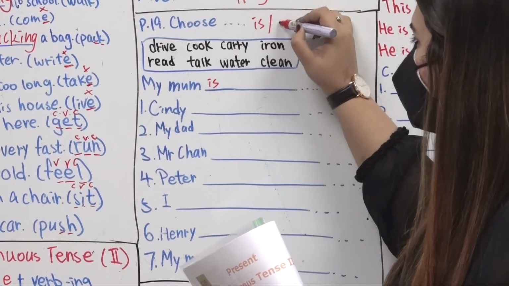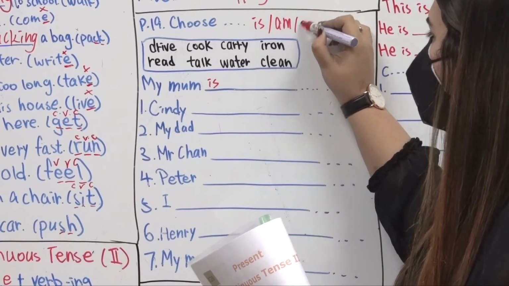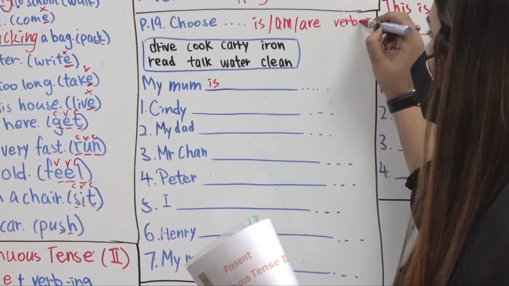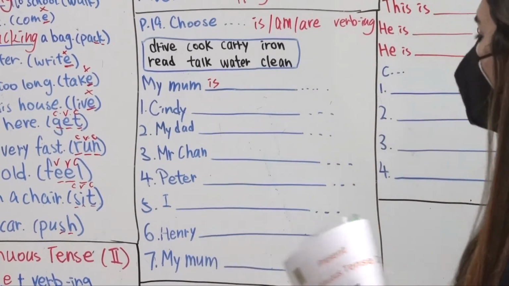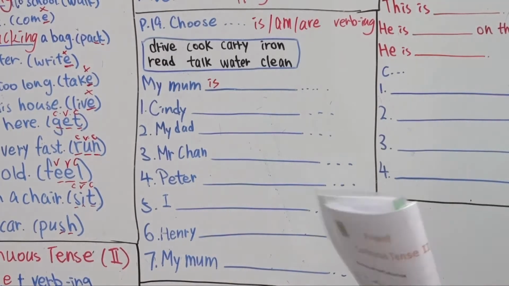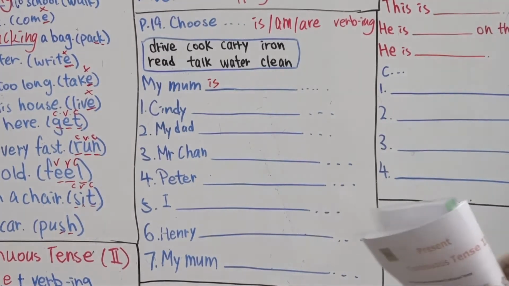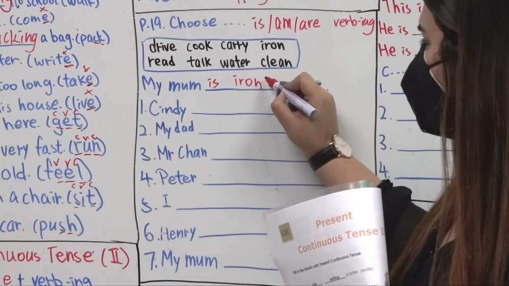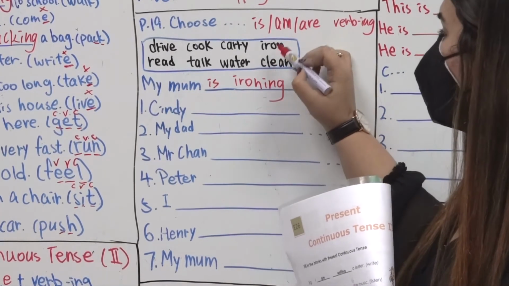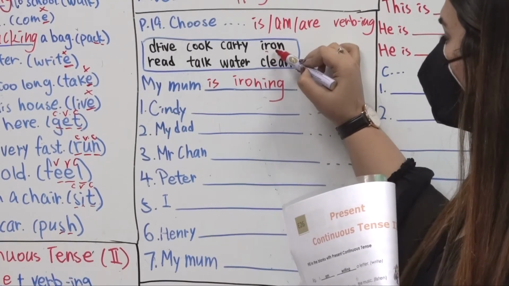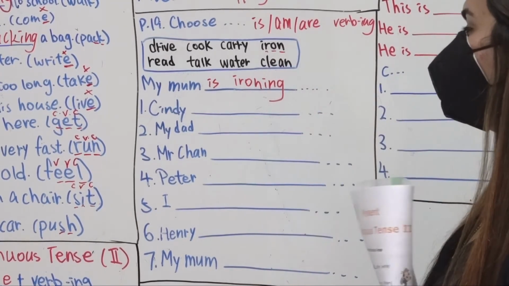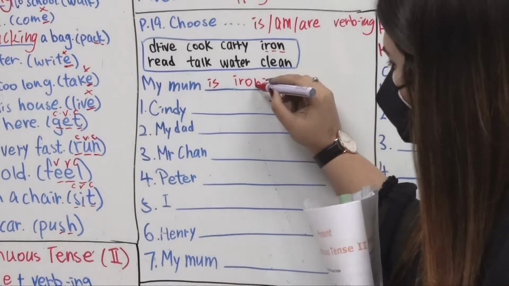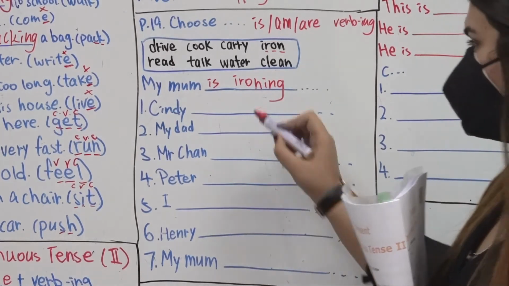Remember, in present continuous tense, we use is, am, are, and the present participle, verb plus ing, right? So, ironing. Although it's consonant, vowel, consonant, here there's no stress.